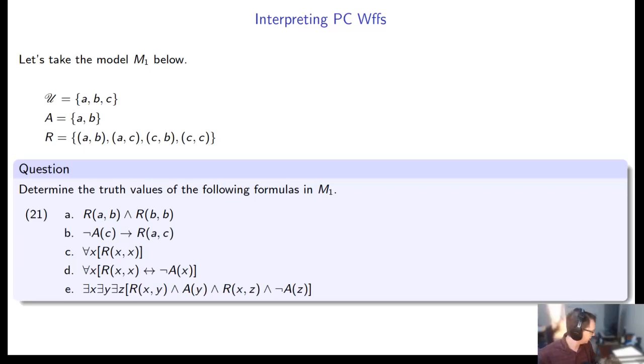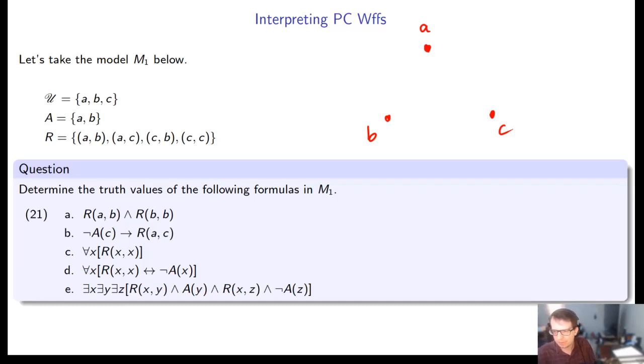So we have a universe with three things in it: A, B, and C. We have some predicate A. We don't know what A means, but A and B are in the predicate. We have another predicate R that's pairs. So A is related to B, A is related to C, C is related to B, and C is related to C. Again, who knows what R means?